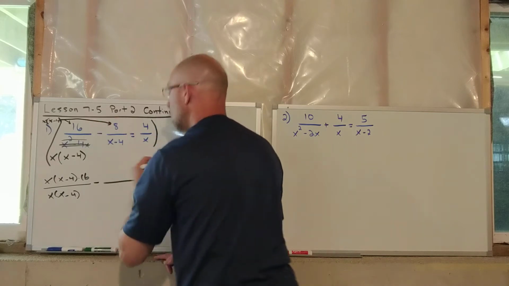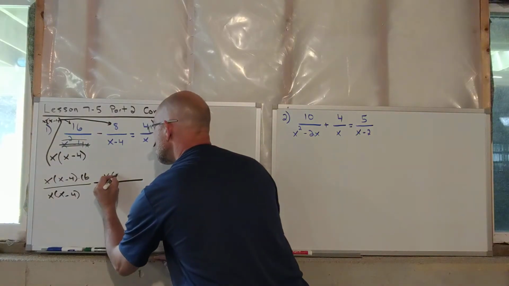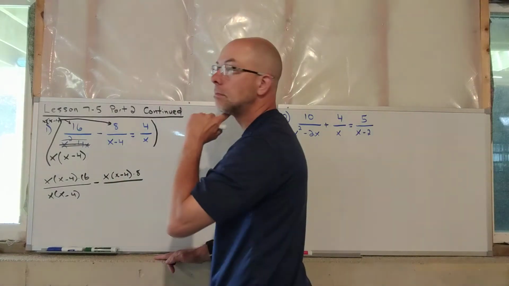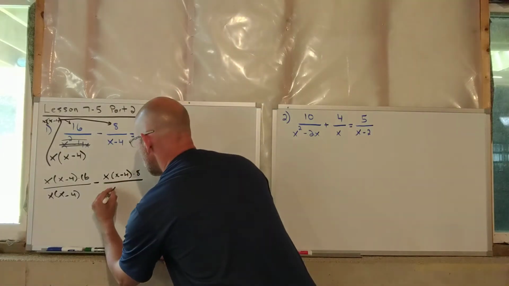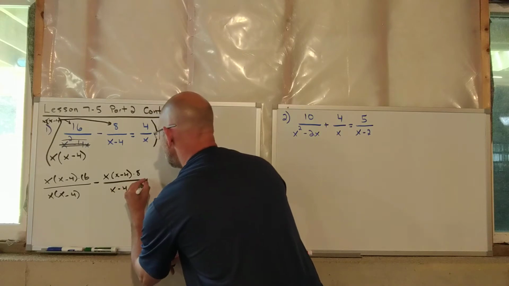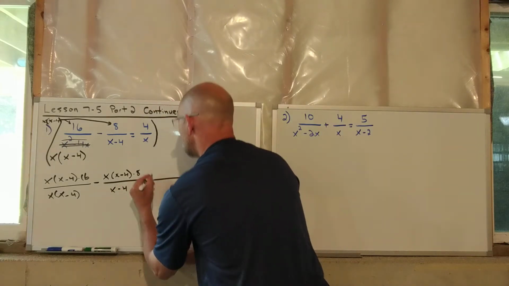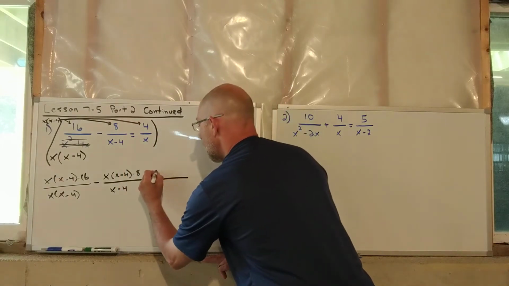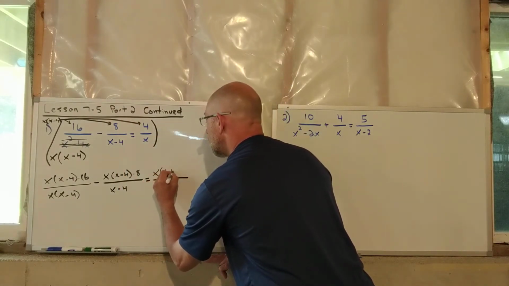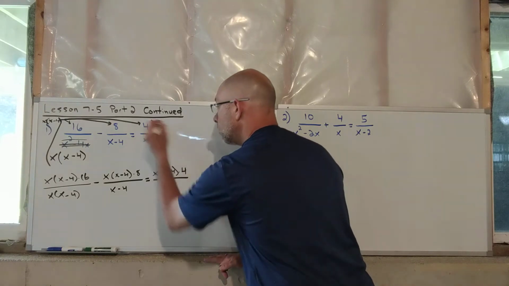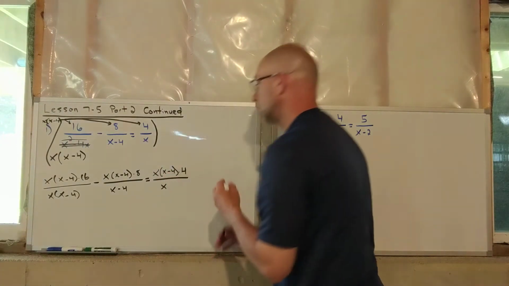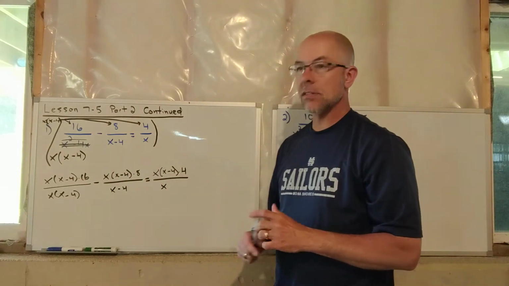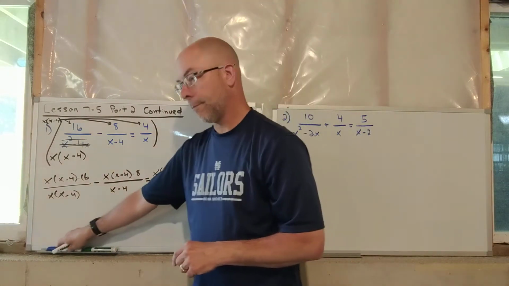Now go into here will be x times x minus 4 times 8 all over x minus 4. Equals. Then this comes all the way over to here, which will be x times x minus 4 times 4 all over x. So I know that looks like kind of a mess. That mess is going to get cleaned up pretty quickly here.